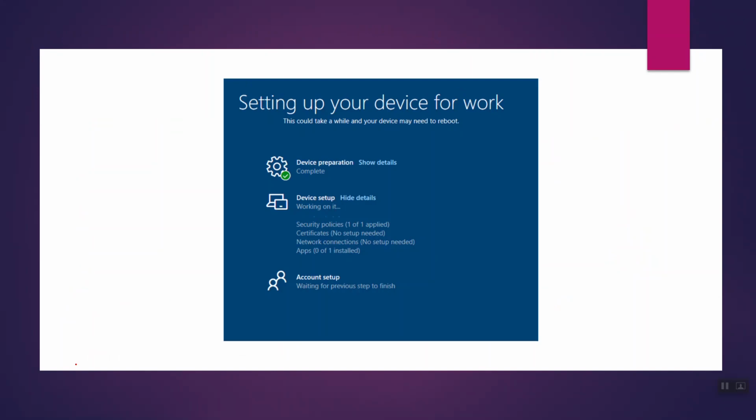Using this VPN, the device connects to the on-prem domain and the domain controller, and then the device gets joined to the on-prem domain. So what this means is the device can be shipped to any person all over the world, and all that needs to be done is that the device needs access to the internet, and once the device goes through the out-of-the-box experience, it can get joined to the local AD.